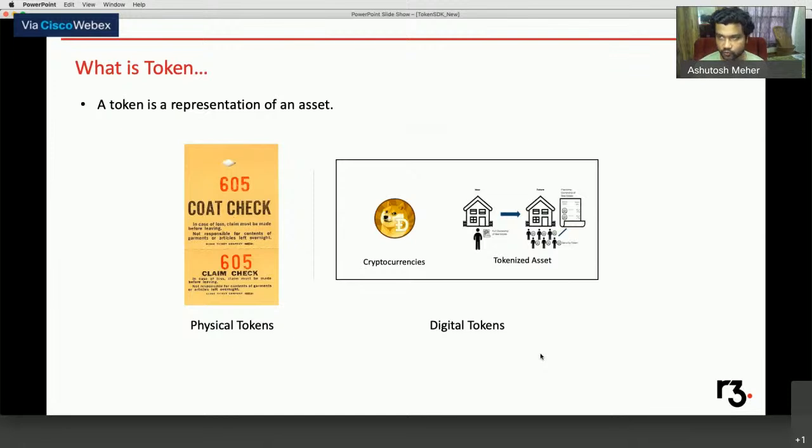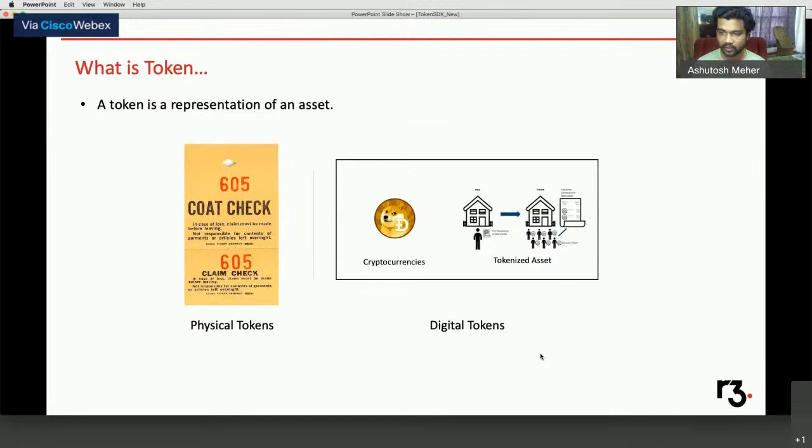So coming to the digital front, well, you might have heard of cryptocurrencies. There are a lot of tokens associated with cryptocurrencies, and then there are tokenized assets. For example, you could have a real estate property which you tokenize so that multiple people can hold that token, and that would represent a fractional ownership.